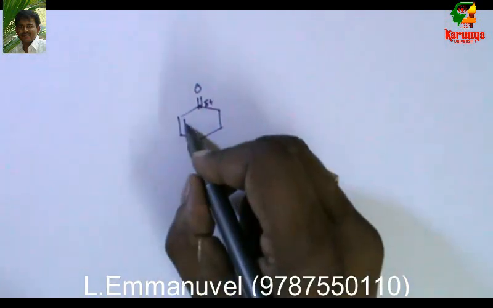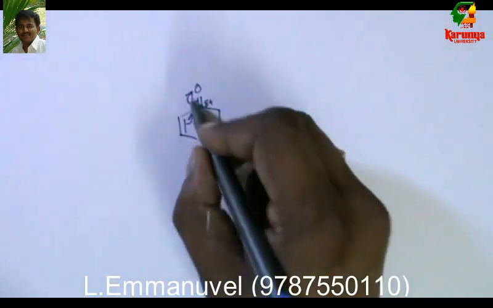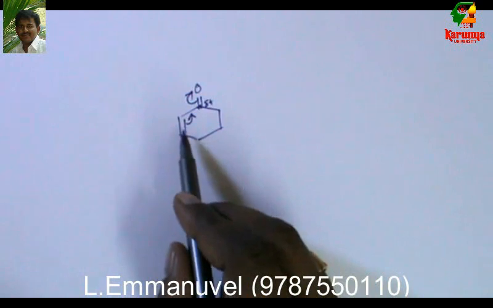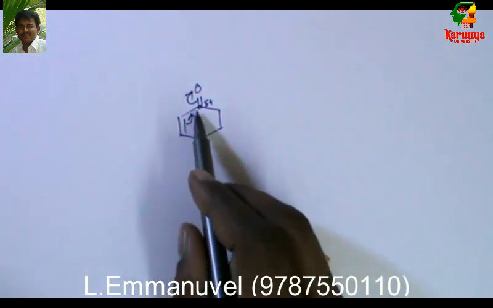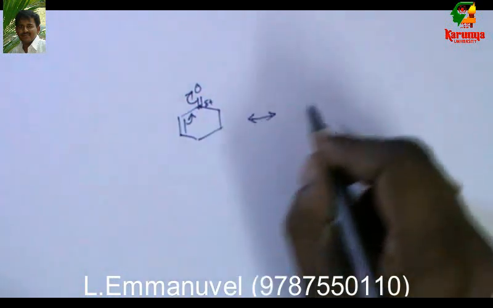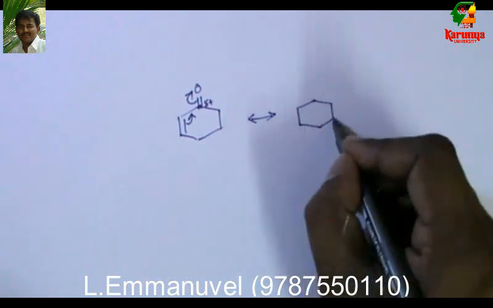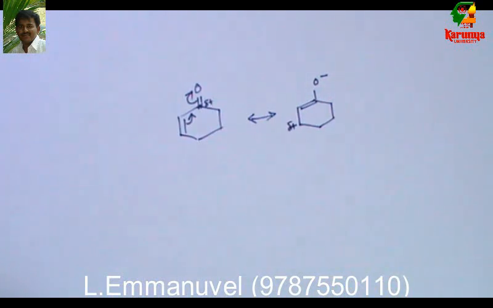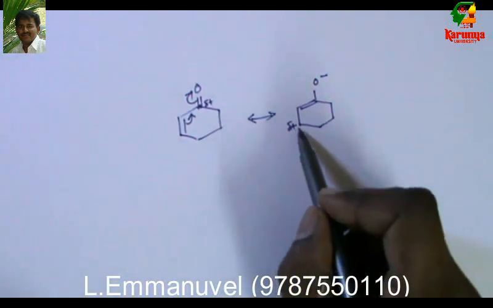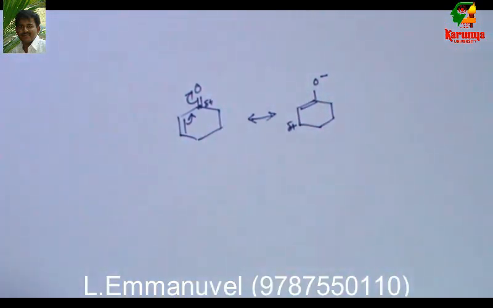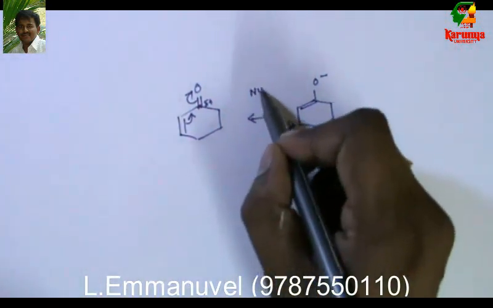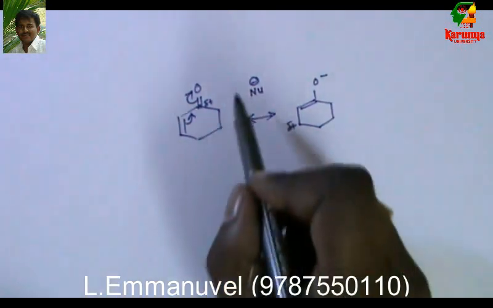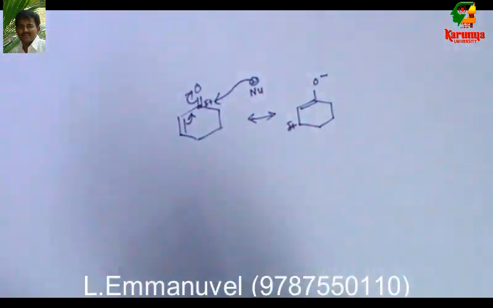In order to satisfy that charge, it is similar to an allylic cation. So this bond migrates here, and what we get is del plus. Now there is positive charge on this carbon. So whatever nucleophile we add can attack here as well as here.